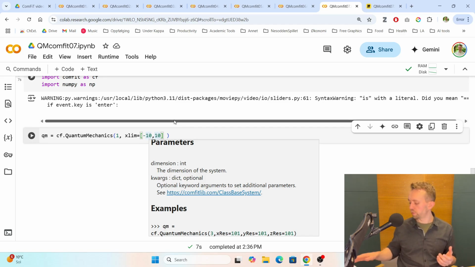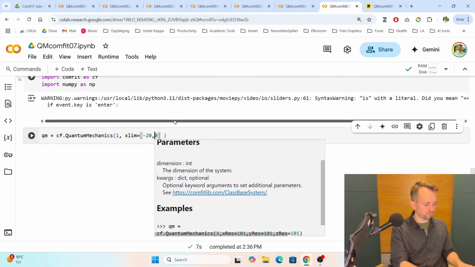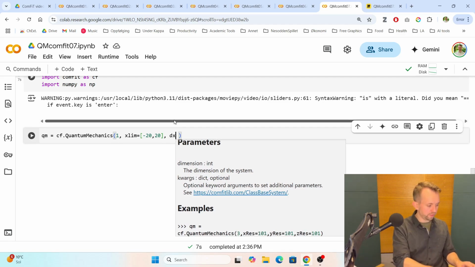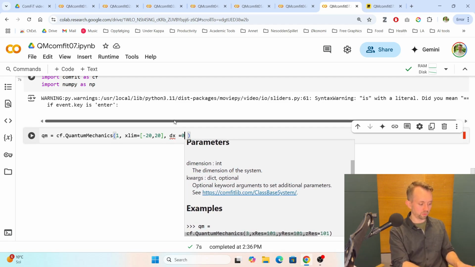So in preparation for this video, I have found parameters that work okay, and I'm going to use those. If you think it's strange that these just come out of nowhere, it's because I've experimented beforehand to find limits and steps that work with the system. So we're going to be using -20 to 20 for the limit, and I'm going to set the step length to be 0.2.